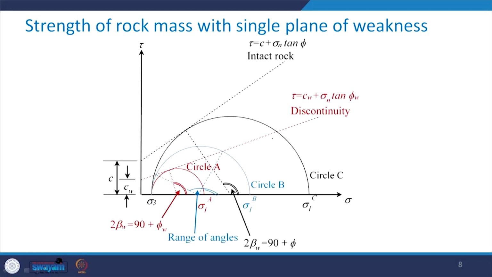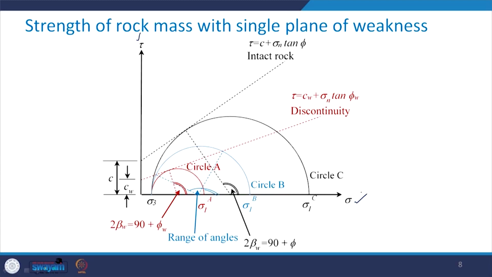Now let me explain this all over again with the help of Mohr circle representation. In this figure, there is a space of tau versus sigma, because you know that we have the Mohr envelope in this space in the form of tau equal to c plus sigma tan phi.